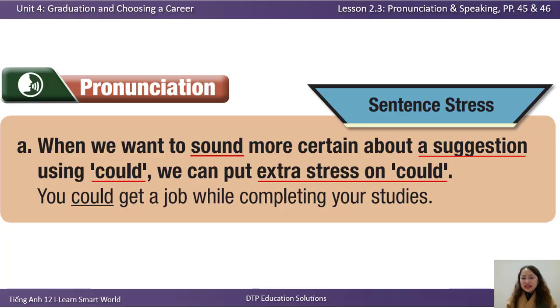You could get a job while completing your studies. Here, the word could is underlined to show where the stress falls. Now repeat after me. You could get a job while completing your studies. Your turn.